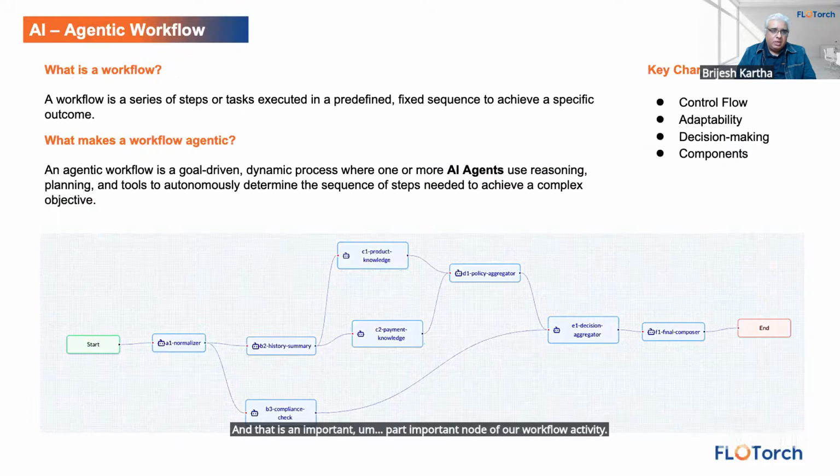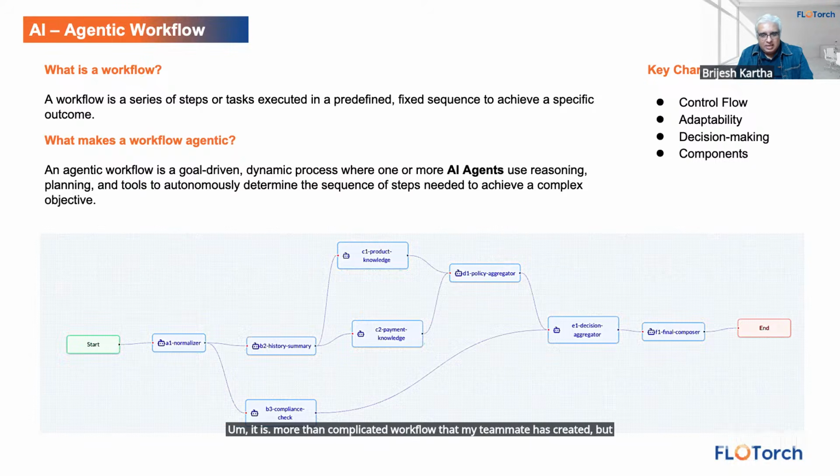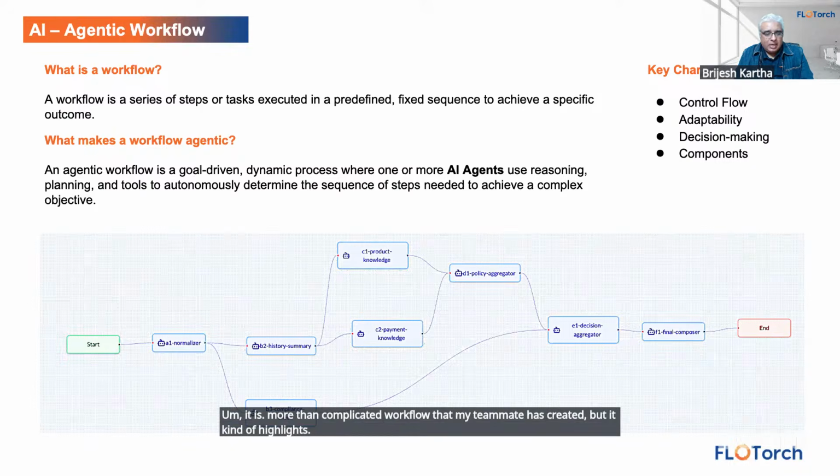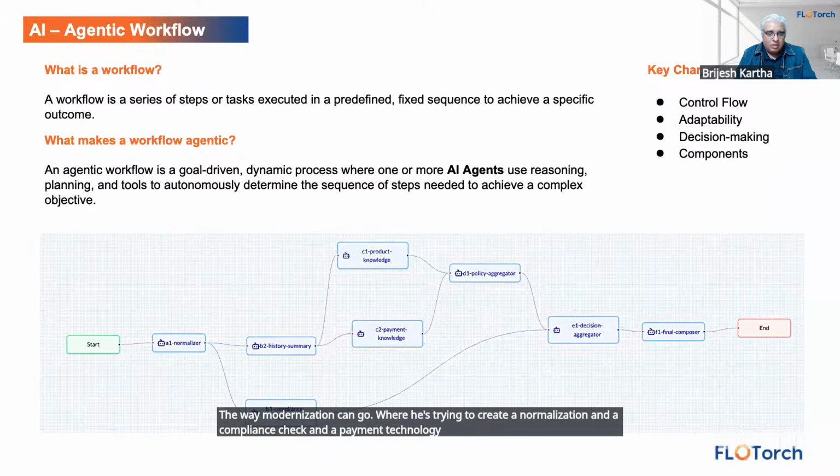But now the next part comes, which is the agentic workflow. I have just put a workflow out here for those who can see it clearly. It is a more than complicated workflow that my teammate has created, but it highlights the way modularization can go, where he is trying to create a normalization, a compliance check, a payment acknowledge and a product knowledge step.